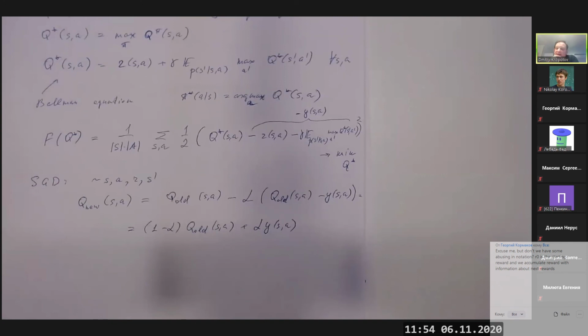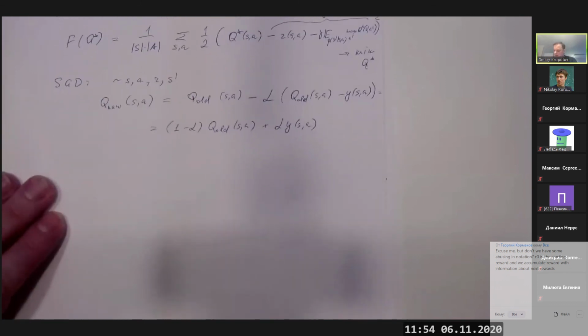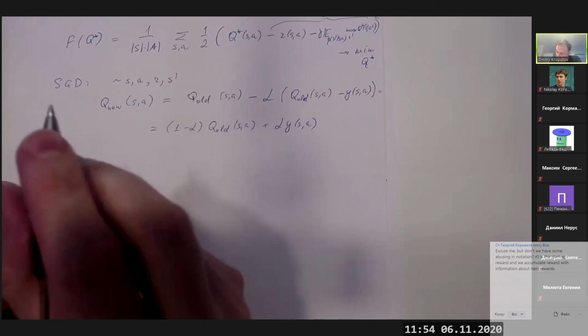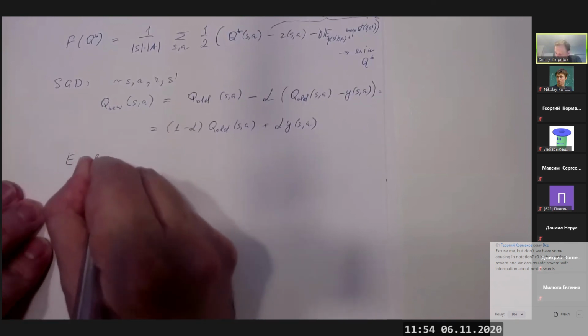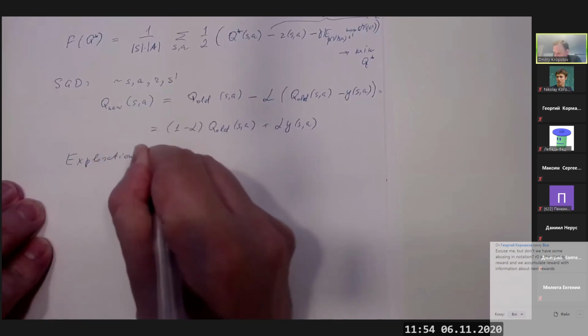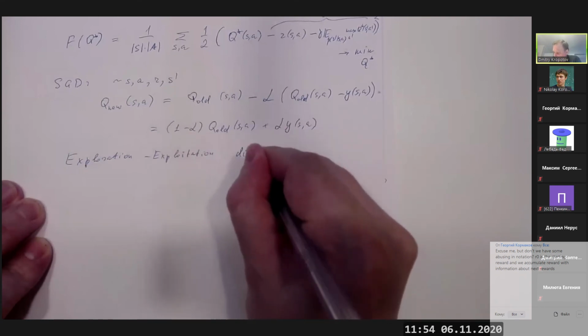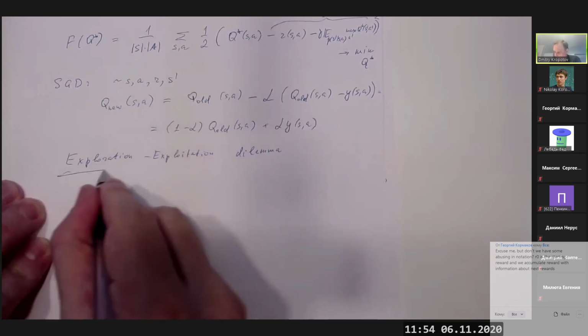So we should somehow try all possible states, or many possible states in our environment, and many possible actions for each possible state. And that is what is called in reinforcement learning the so-called exploration-exploitation dilemma.